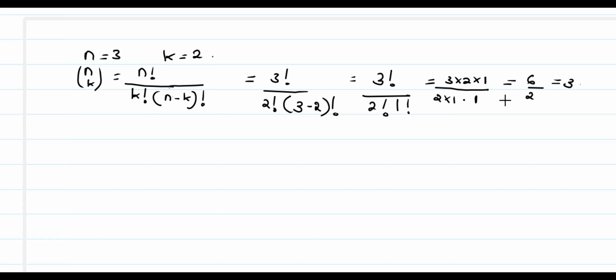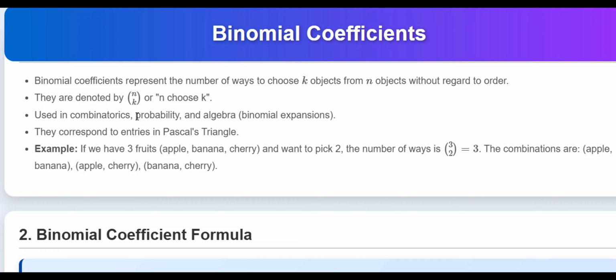So putting this now in a real life situation, can I show you? If I have 3 fruits, which are apple, banana, and cherry, and I want to pick 2 from these 3, the number of ways, of course, we said we can pick is 3 choose 2, which is 3 ways. So in these 3 ways, what I mean is I can decide to pick an apple and a banana.